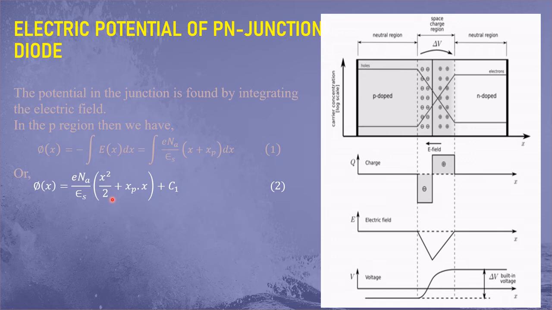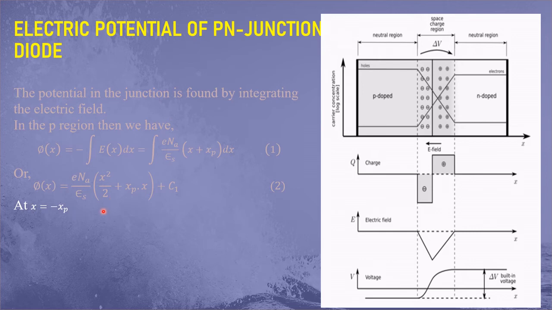The potential difference across the PN junction is a very important parameter rather than the absolute potential. So we can set the electric potential equal to 0 at x equal to minus x_p.